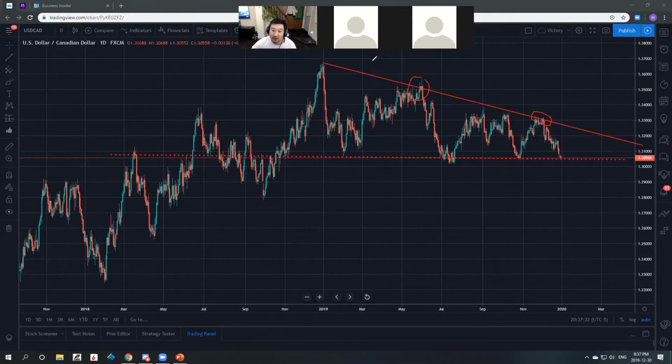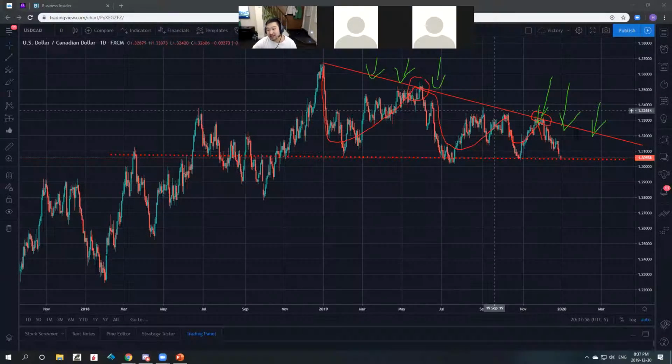But my point here is that as long as the market stays trading below that red line, anytime the price comes near this red line, it acts as a resistance, holding it down. And as long as it holds it down and holds it below this area here, that trend line is solid. It's a good trend line.